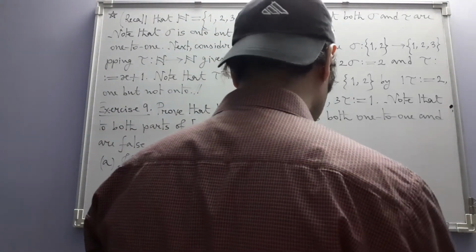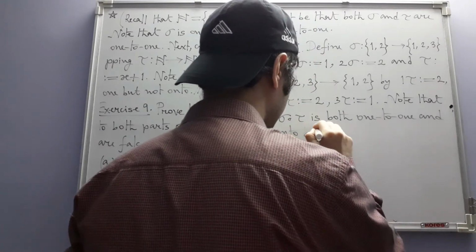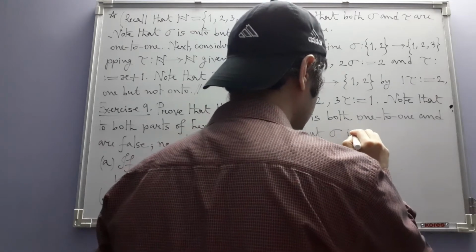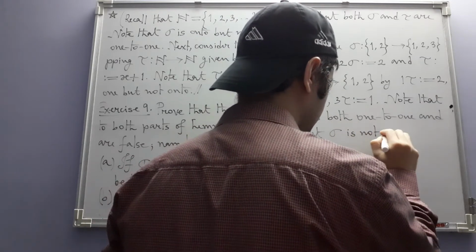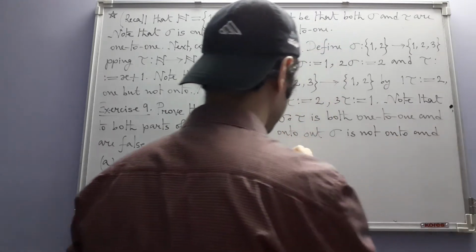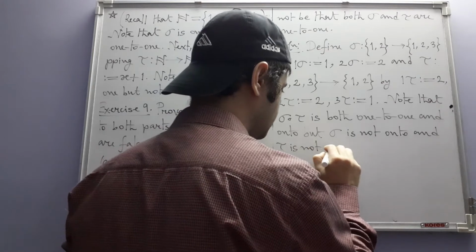So both one-to-one and onto, but sigma is not onto and tau is not one-to-one.